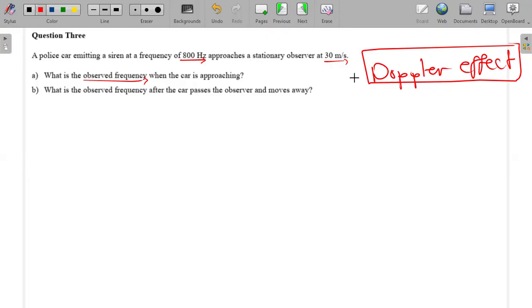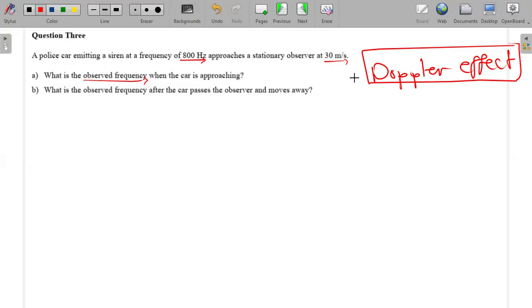Very important. When the source of the wave is moving towards you, the waves are going to become compressed, such that the wavelength is going to decrease, but the frequency of that wave is going to get very, very high. So in order for us to calculate everything here, we're going to use the Doppler equation.